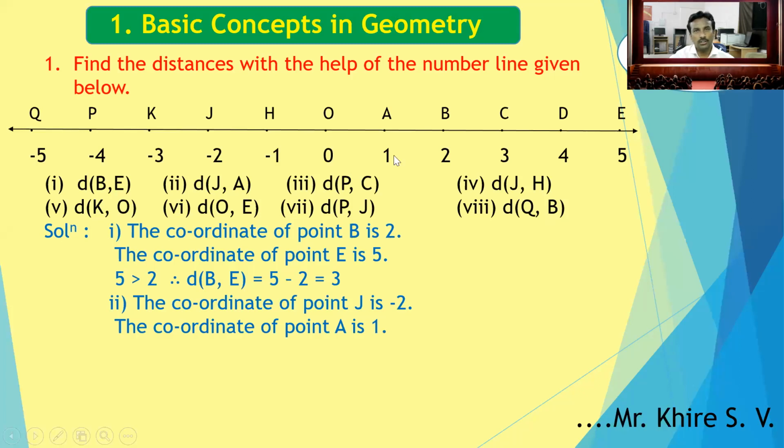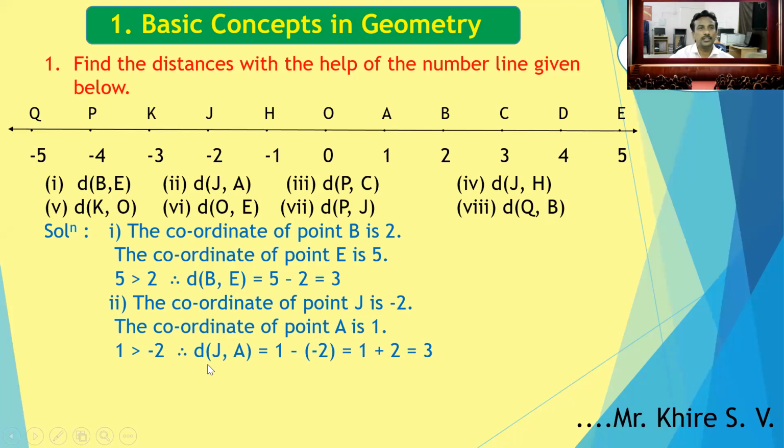And the number on the right side of the number line is always greater than the number on the left side. Remember this. So 1 is greater than minus 2.